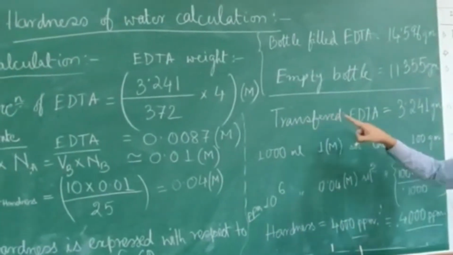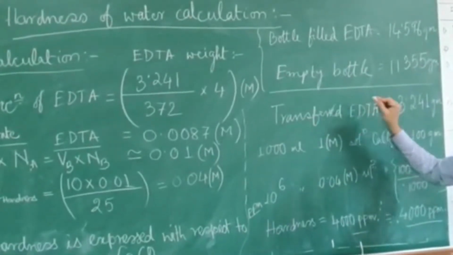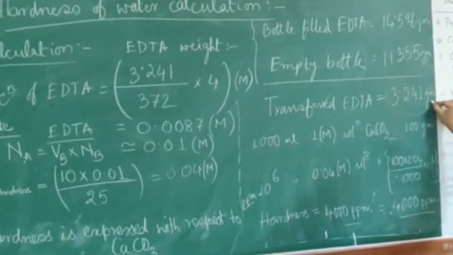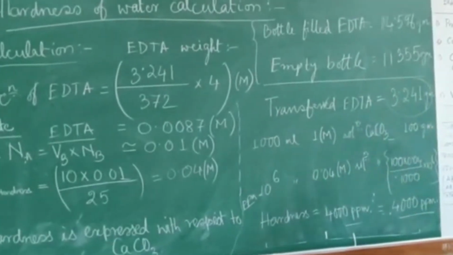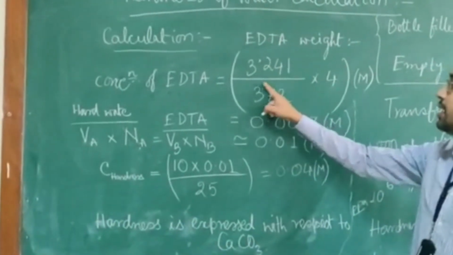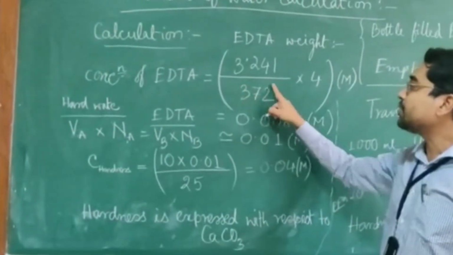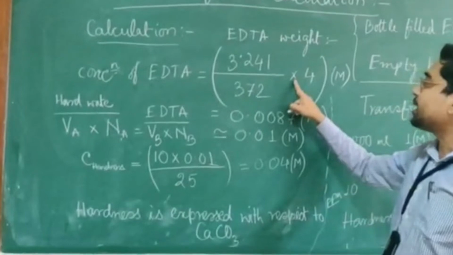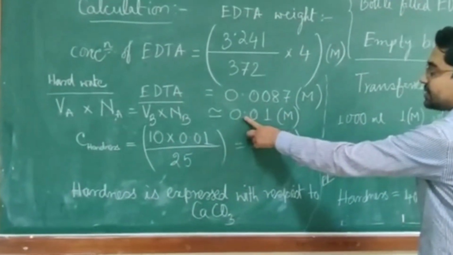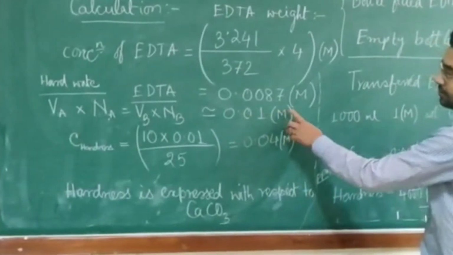So the EDTA transferred into the volumetric flask is 3.241. The concentration of the EDTA will be 3.241 divided by the molecular weight of EDTA multiplied by 4. As a whole it is coming 0.01 molar.